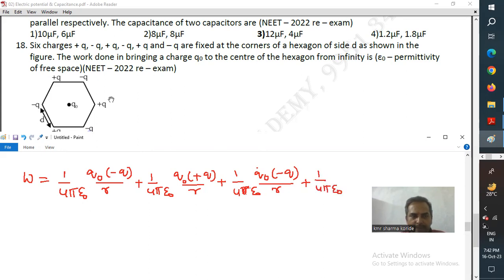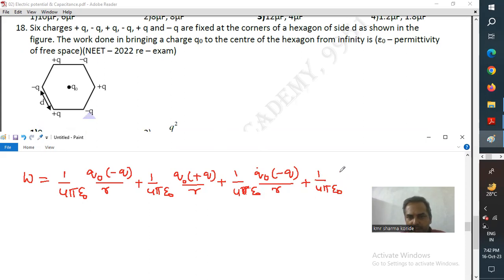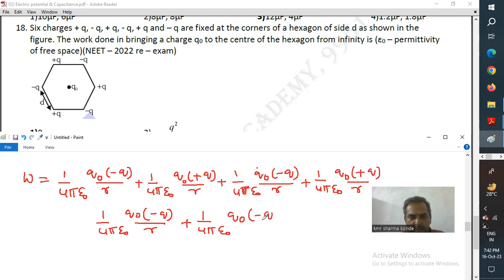Next, this is plus Q. Therefore, Q naught and plus Q divided by R. 4 are over. 1 by 4 pi epsilon naught. So this is Q naught minus Q divided by R, plus 1 by 4 pi epsilon naught. This is the last, Q naught plus Q divided by R.